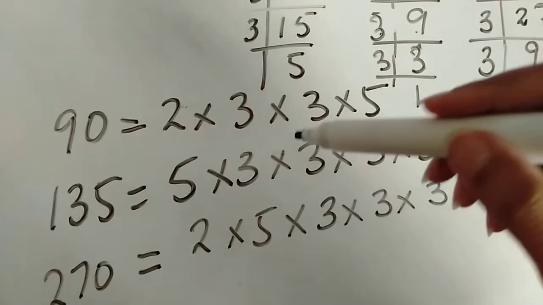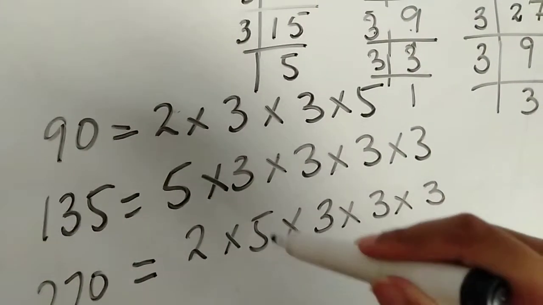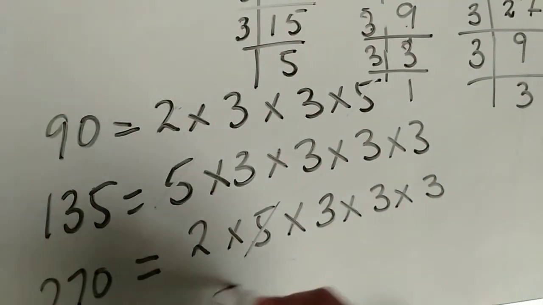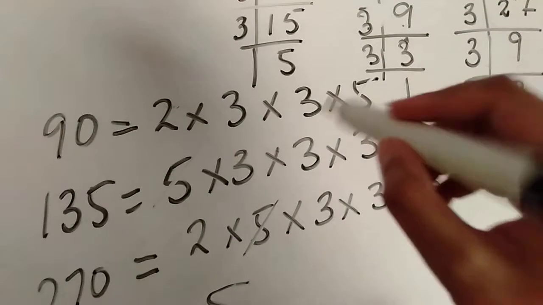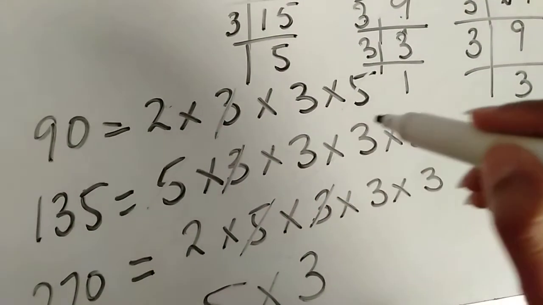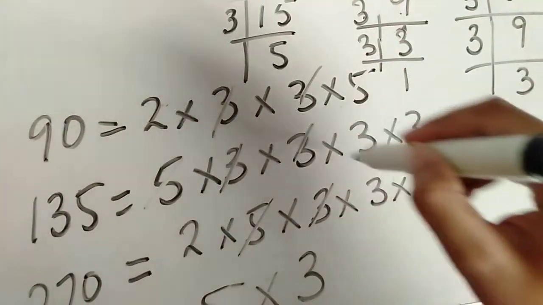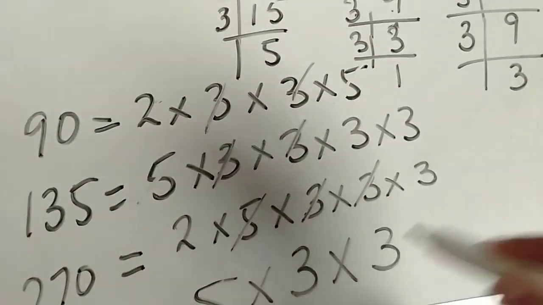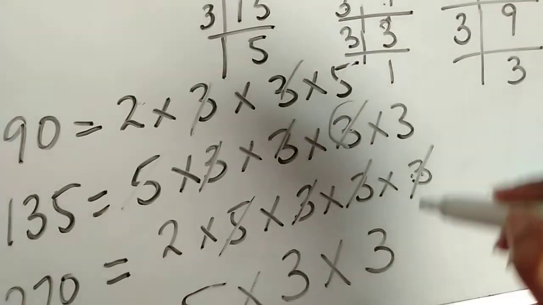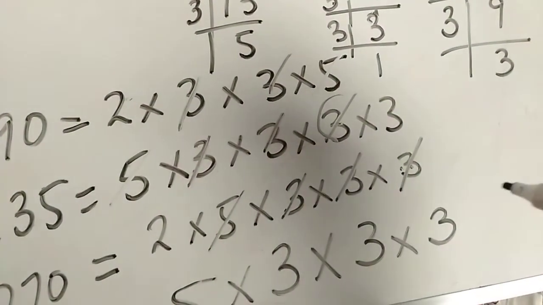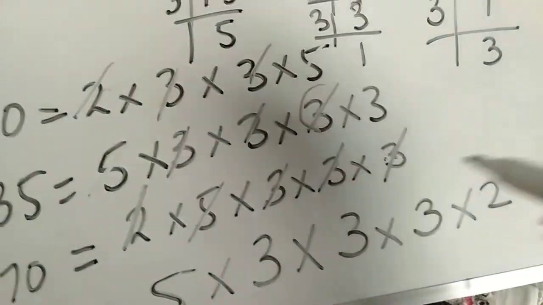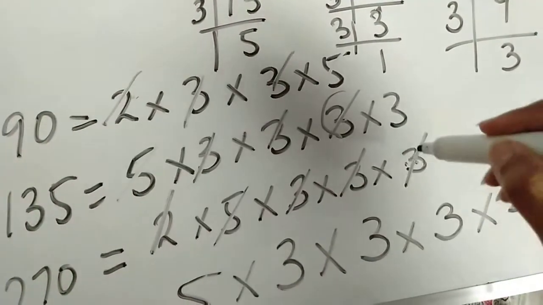Now we will find the common terms. 5 is common in all the factors, so we will write 5, then 3 3 and 3, then again 3 3 and 3, then 3 is also common in 135 and 270, then this 2, and we are left with this 3.